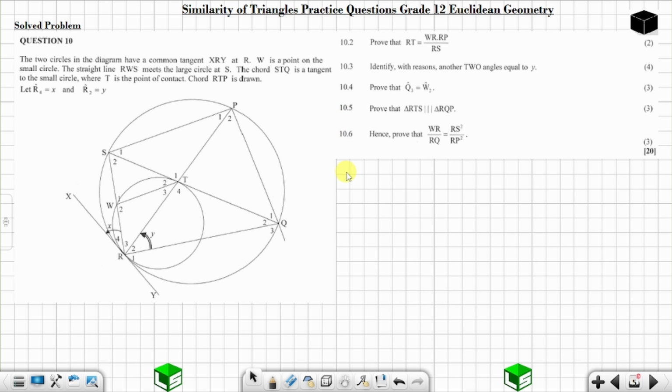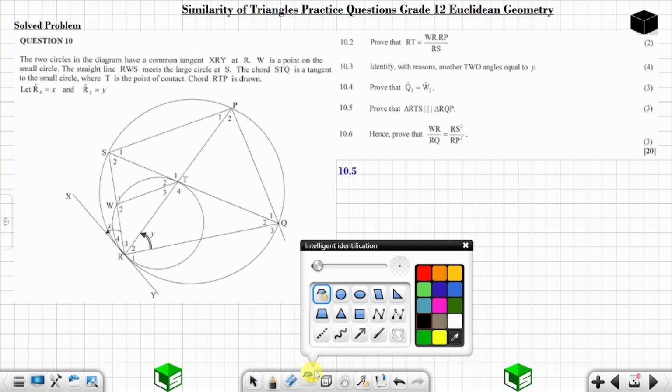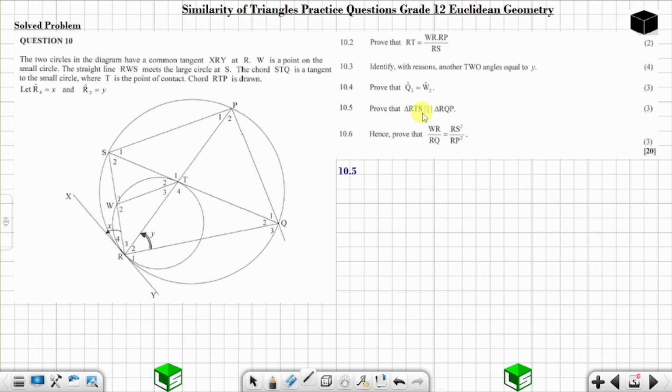Now question 10.5. Okay, 10.5. Prove that triangle RTS is similar to triangle RQP. 3 marks. Okay, let's find the triangles in which we are going to work. Okay, so we need triangle RTS, and you need triangle RQP.